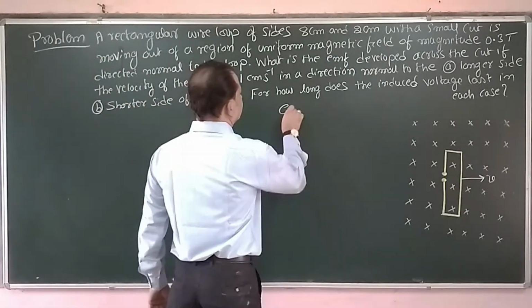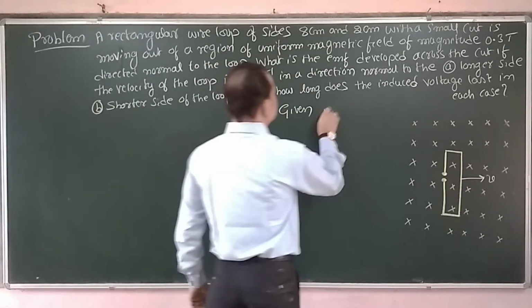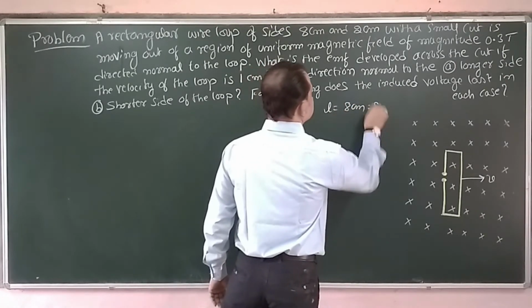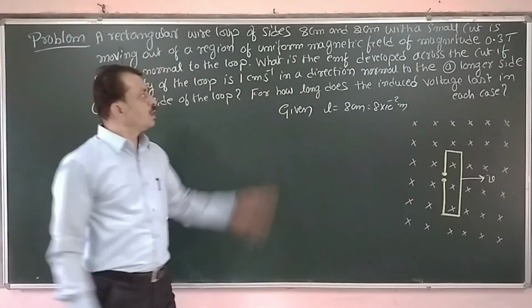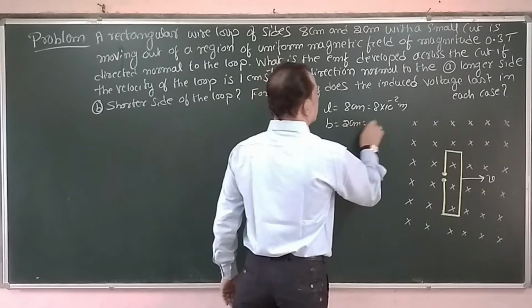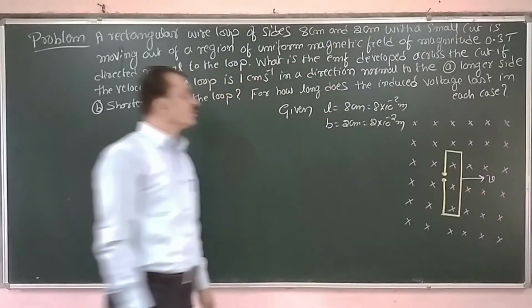Now given. Length is 8 centimeter, or it is 8 into 10 raised to minus 2 meter. Breadth is 2 centimeter, or it is 2 into 10 raised to minus 2 meter in terms of meter.